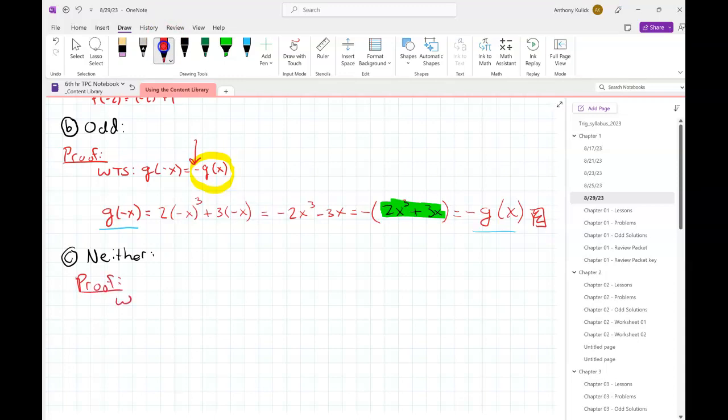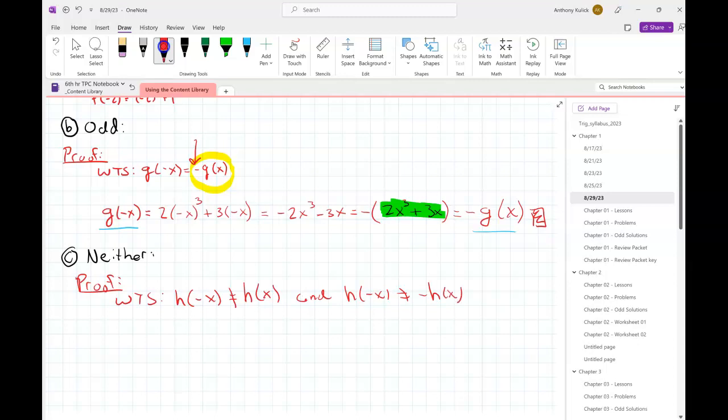So to do a neither, what we need to show, I think we're on H as our letter, is that h of negative x is not equal to h of x, and also that h of negative x is not equal to negative h of x.